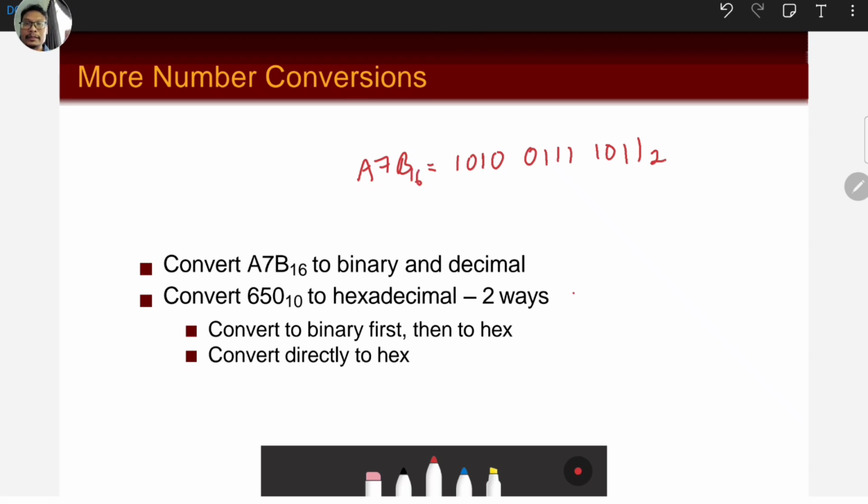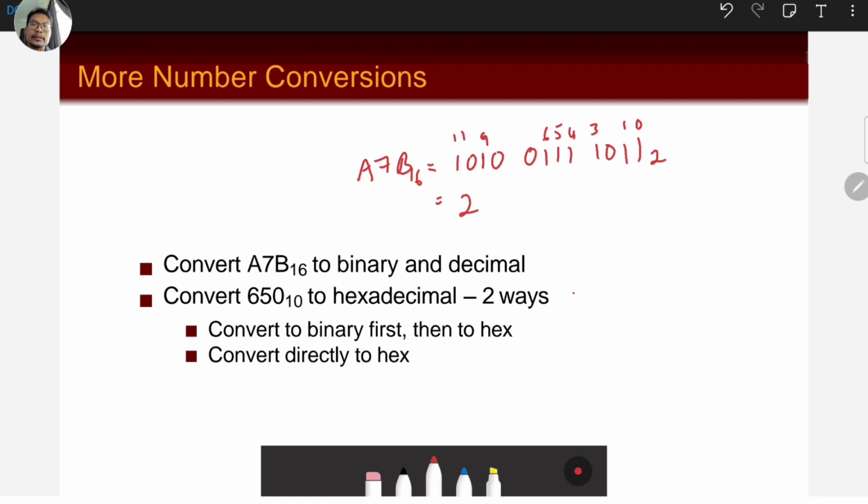Here is base 16 in hexadecimal, which is equal to 2 to the power of, and now we have to count the bit position. So this is 2 to the power of 0, 1, 2, 3, 4, 5, 6, 7, 8, 9, 10, 11.